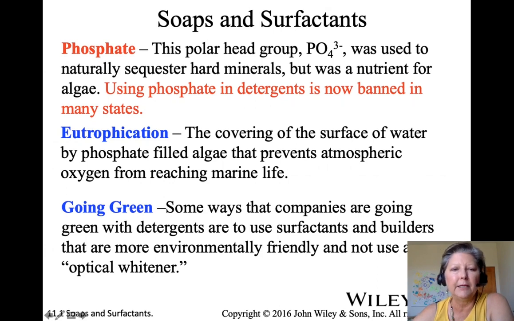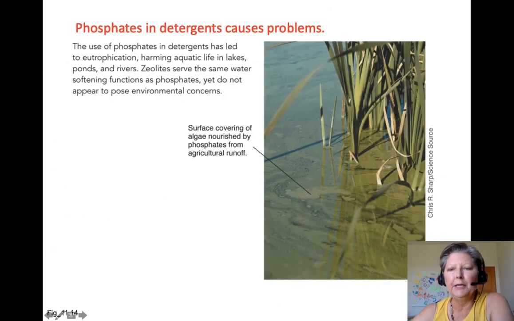ponds and lakes. And so going green is using soaps and detergents, other surfactants that are more environmentally friendly. They need to go into our wastewater and then decompose in a way that doesn't cause problems to the environment. That's just showing you the result of eutrophication and the excess algae in this pond or whatever it is.